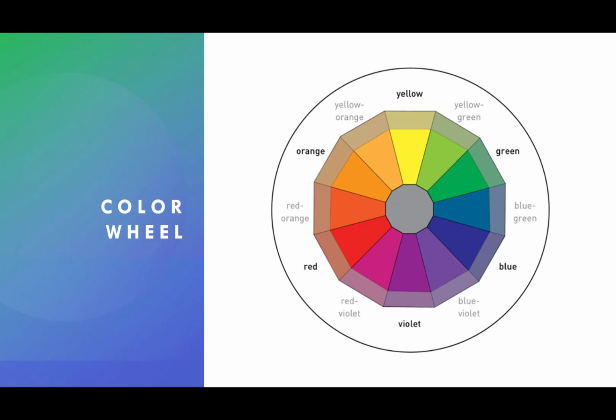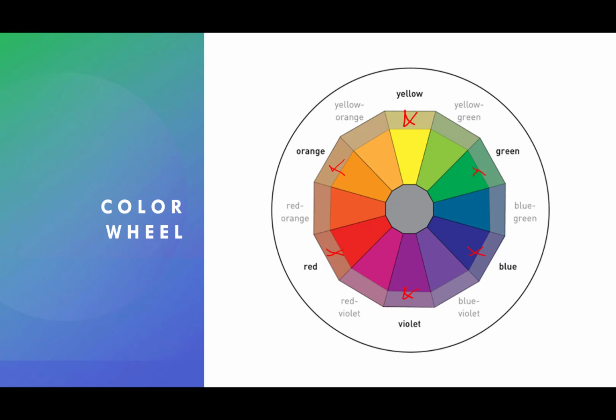The purpose of the color wheel is to give us a sense of how things blend. And so you have red, blue, and yellow. And then when you mix those together, you're going to get green, orange, and violet or purple as the secondary colors.